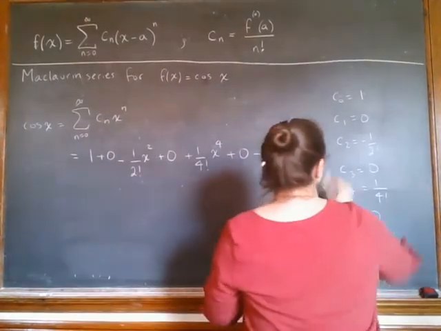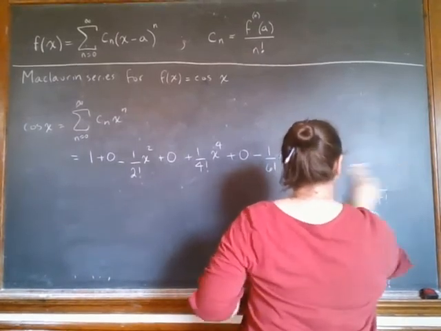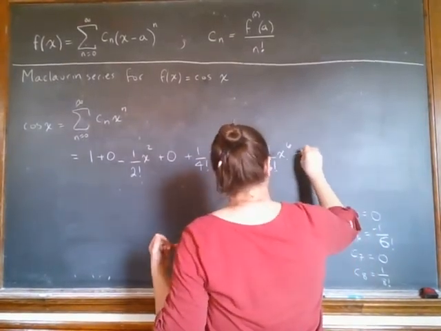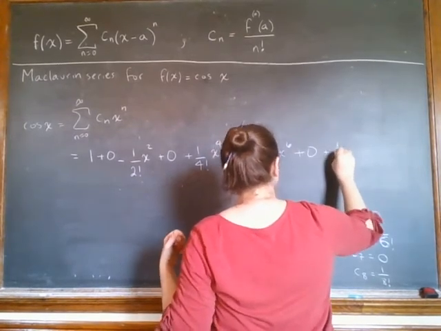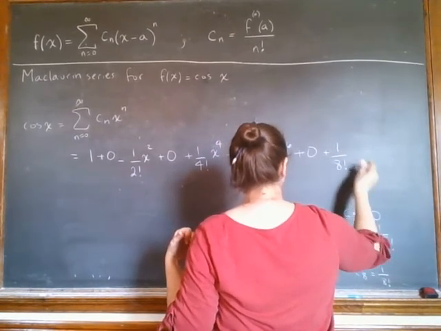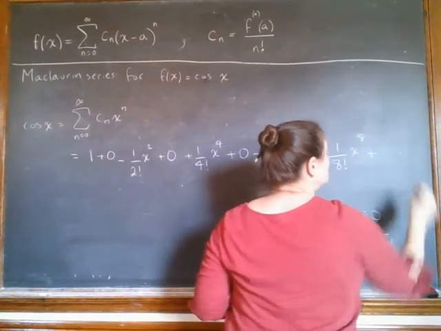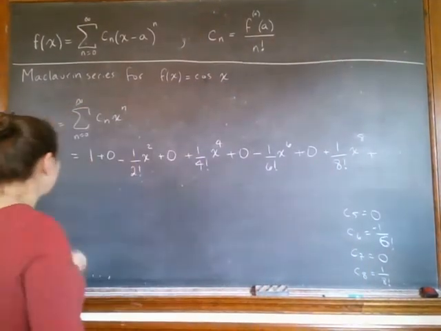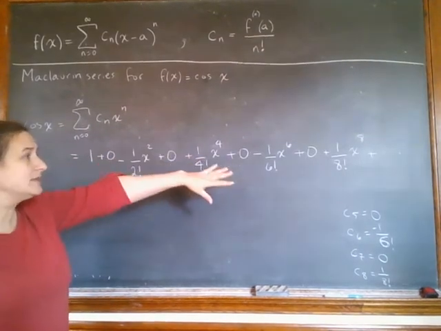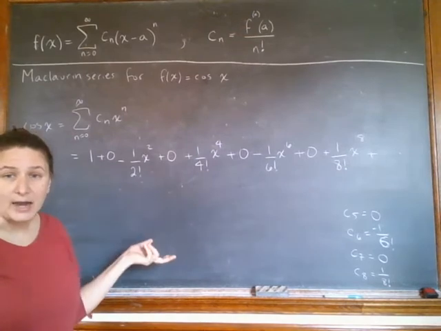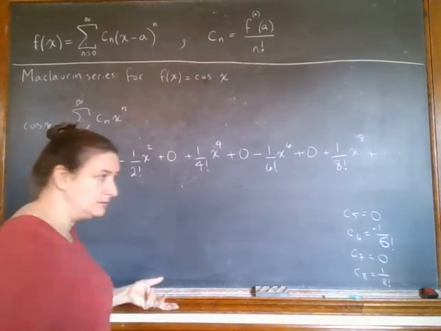If you think about it, it makes sense because we know that cosine is an even function. Its expansion as a Taylor series is going to be all even powers of x. So that's kind of cool, right?